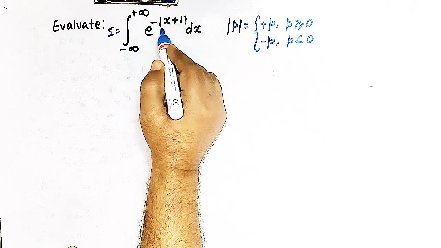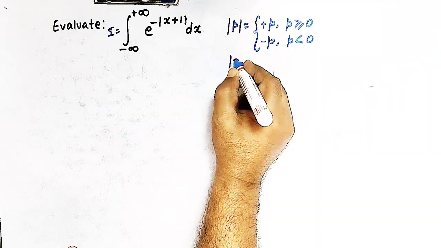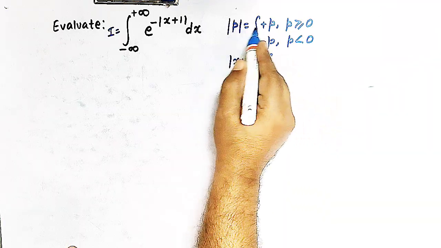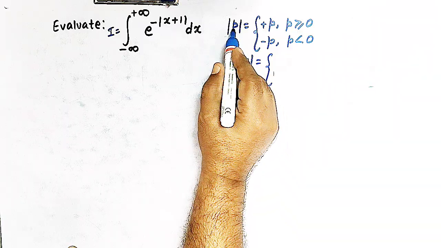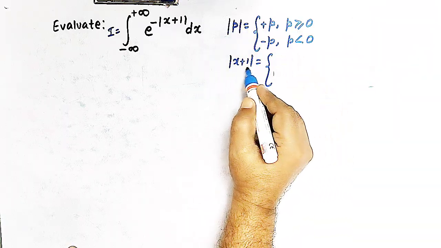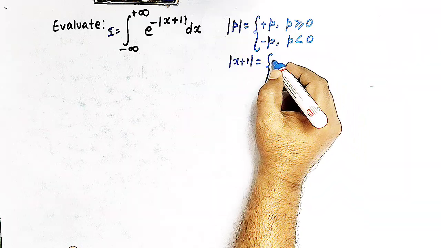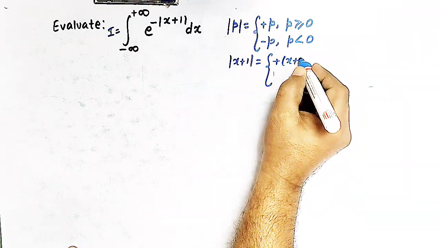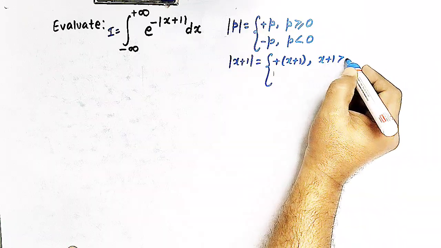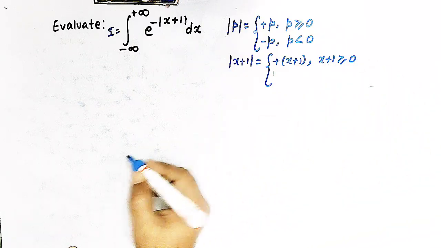So let us first define mod of x plus 1 using this definition, right? So replacing p by x plus 1, we have mod of x plus 1 is equal to positive x plus 1 whenever x plus 1 is greater than or equal to 0.